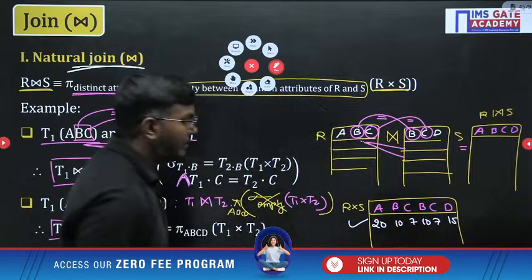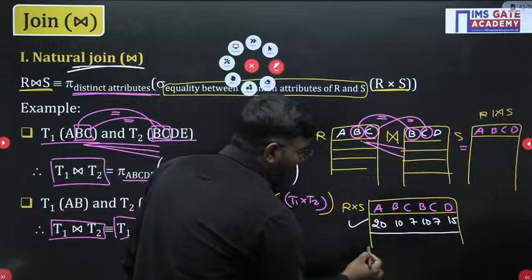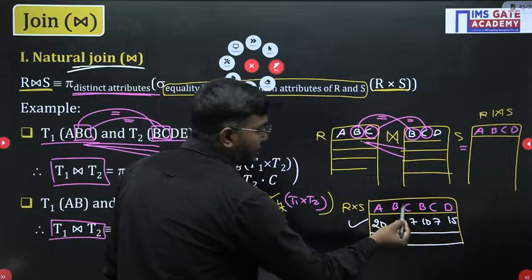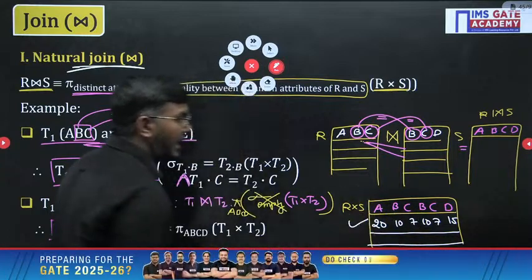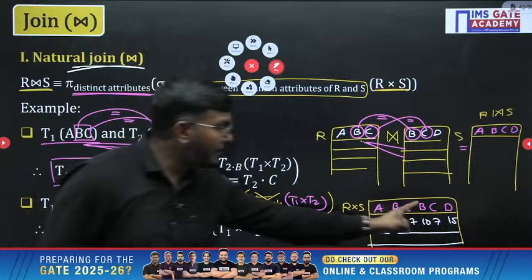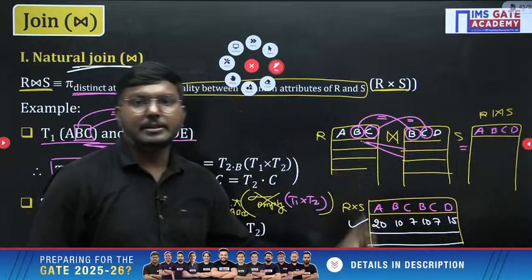Because for every record B will be equal to B and C will be equal to C, why keep 2 copies of B? So if it is a natural join, we merge the B with the B and the C along with the C. Getting my point?